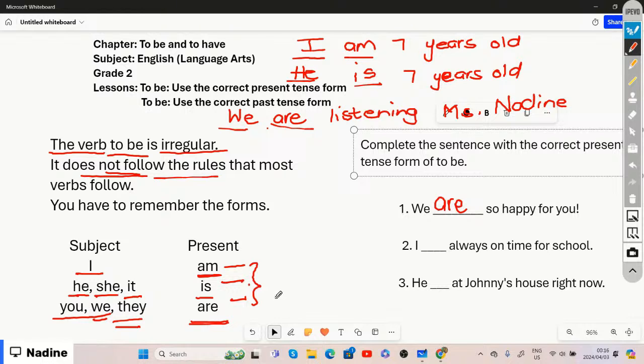I am, I are, or I is always on time for school. So do I say I am always on time for school? I is or I are always on time for school?